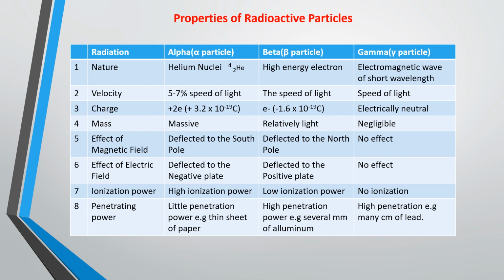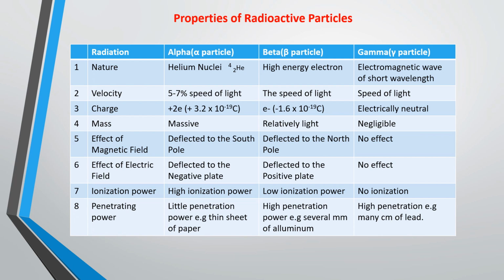If you look at this, radiation, nature of radiation: for alpha particle, this is beta particle and this is gamma particles. The nature of alpha particles, they are helium atoms, while beta particles, they are high energy electrons, and gamma rays, they are electromagnetic waves of short wavelengths. Okay, that's the nature of each of these particles.